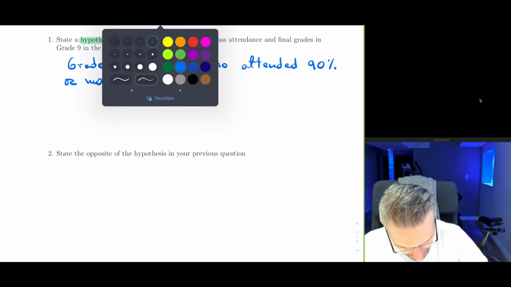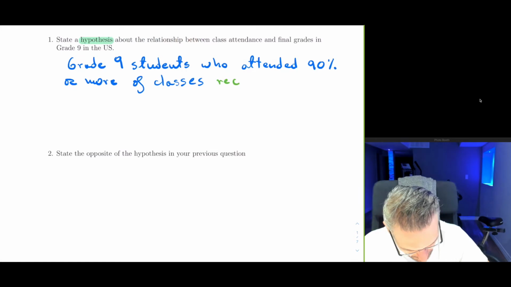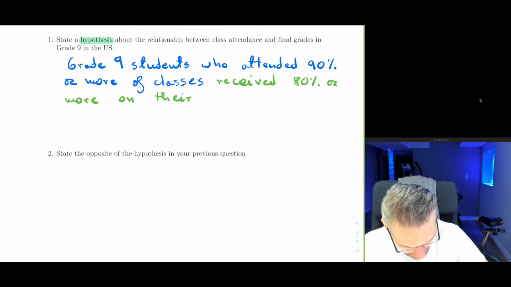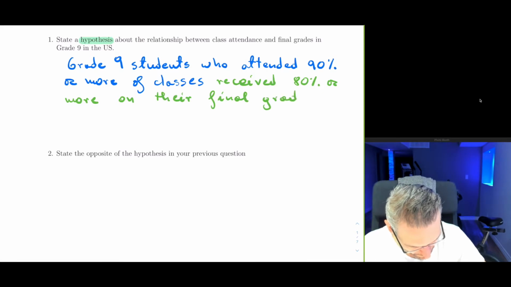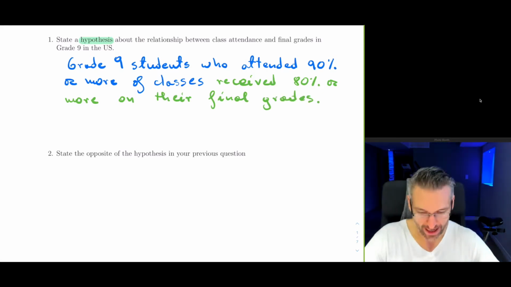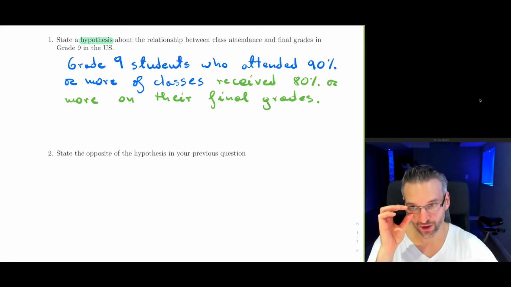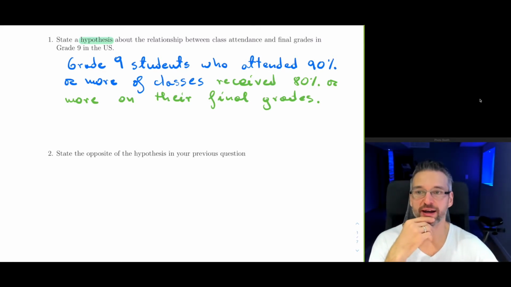And I'm going to change the color here. Received 80% or more on their final grades. Now, we are talking about grade 9 students in the United States. All right. Now, why is this a verifiable hypothesis?